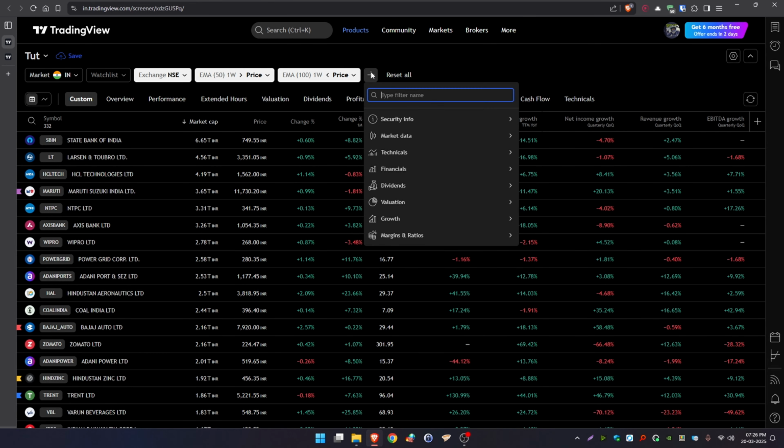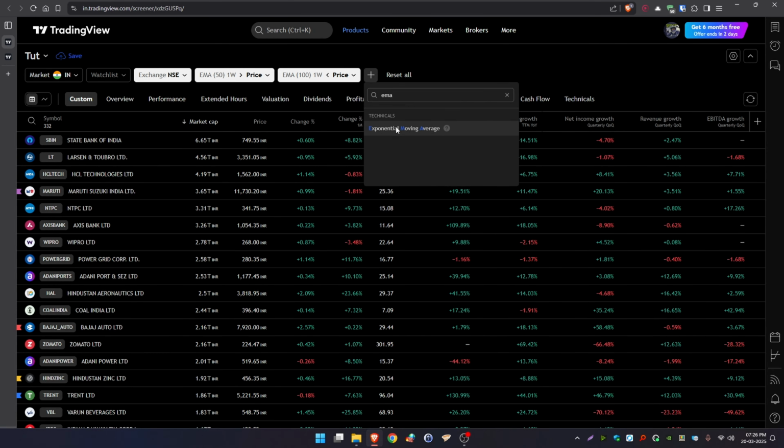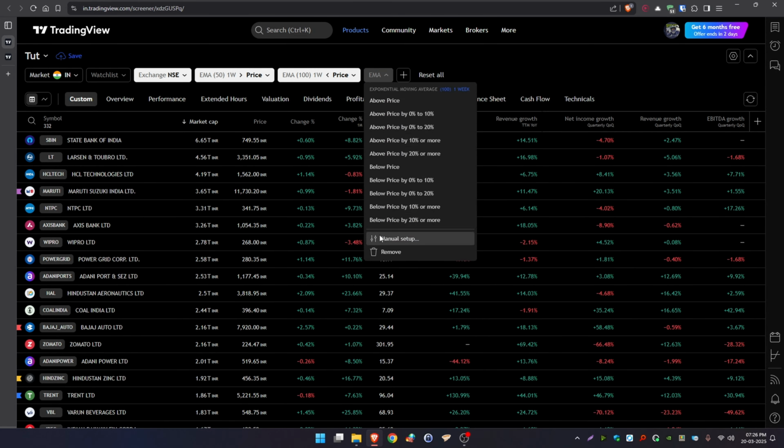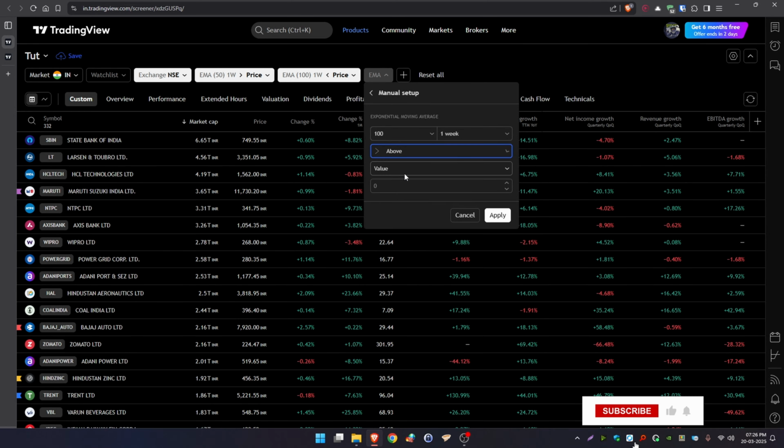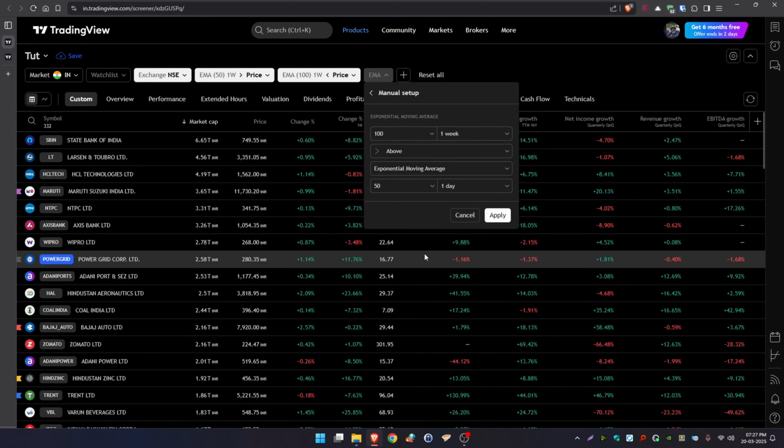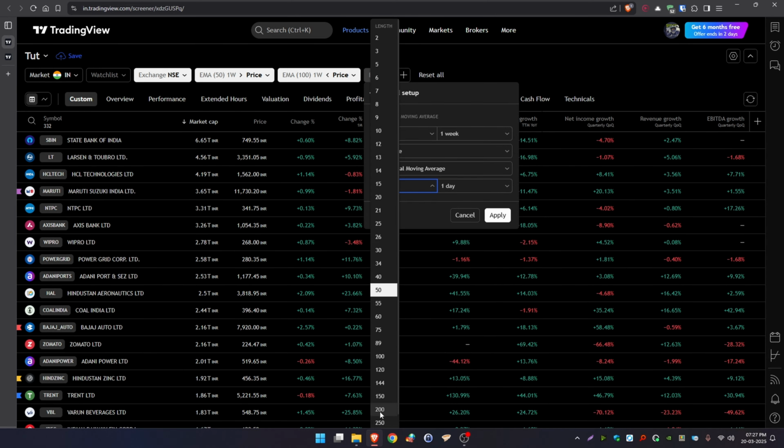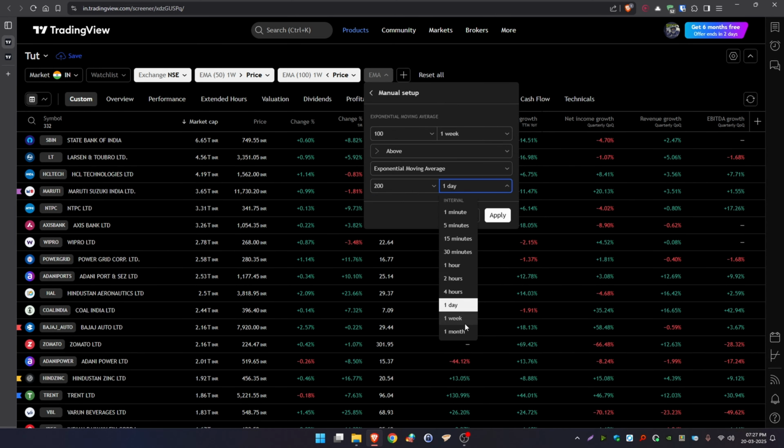We also want to put in another condition that basically rules out any kind of false positive. You want to put in a condition where the 100-day EMA on the weekly time frame is above what? It's above another EMA, which is 200 on the weekly.